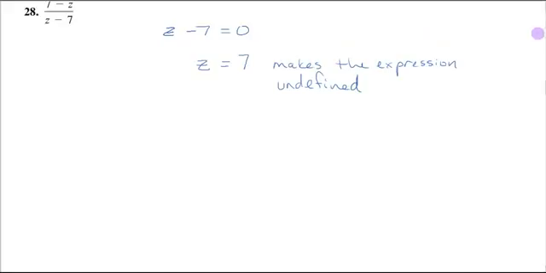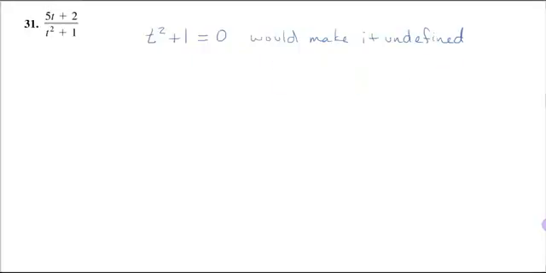We're looking again at the denominator. The denominator is going to determine whether an expression is defined or undefined. So we're looking at this denominator, and we know that t squared plus 1 equaling 0 would make that expression undefined. So just like in the problem before where we set that denominator equal to 0 and solved it so we could find the value of the variable that made the expression undefined, we're going to try to solve this.